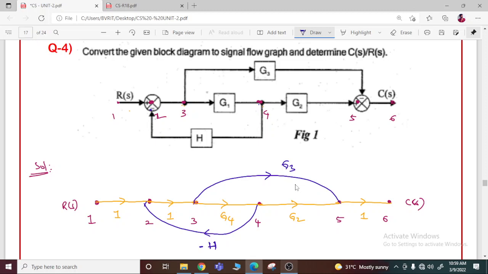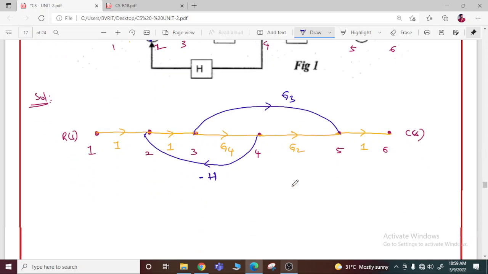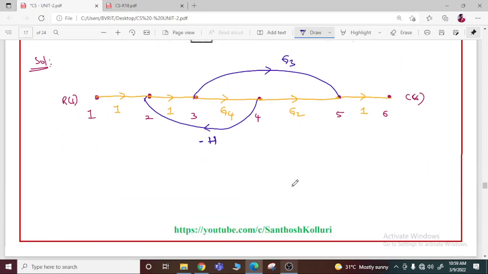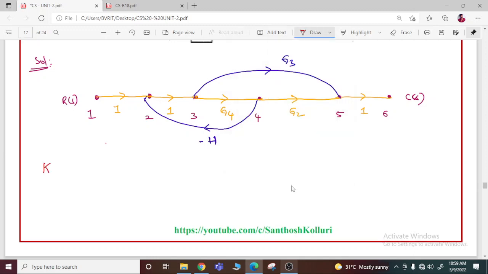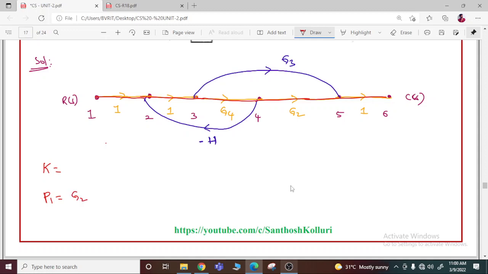So this is our signal flow graph, which is converted from this block diagram. So this is the block diagram, and this is our signal flow graph. For this I have to calculate the transfer function by using Mason's gain formula. Same steps. Step number 1, calculating the number of forward paths k. This is the first forward path. The gain P1 can be written as 1 into G4 G2.